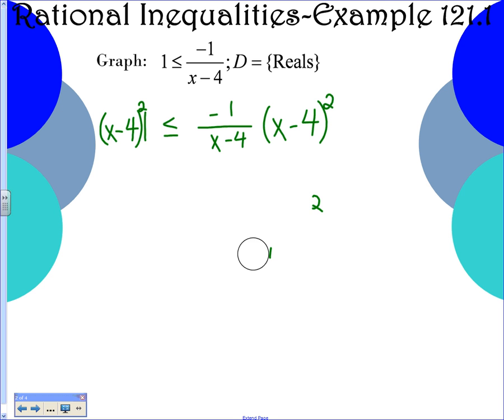Okay, so one of these factors cancels, right? Because you really have x minus 4 and then x minus 4. One of them cancels, but not both of them. So what is 1 times x minus 4 squared?